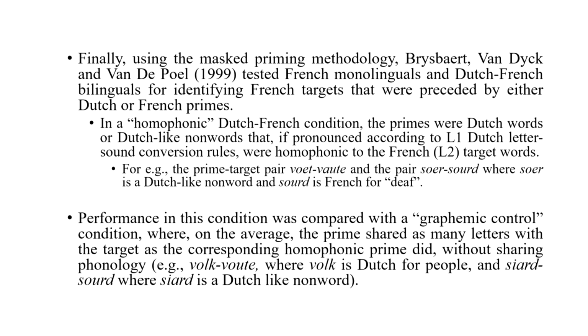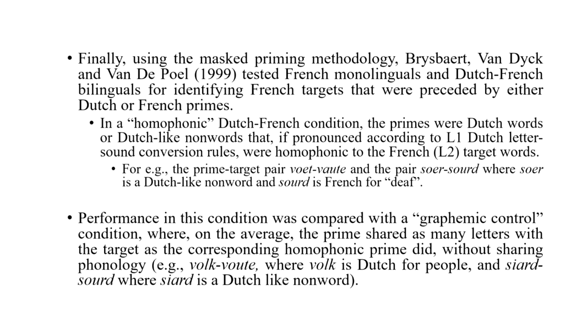Say for example, let us look at the examples here. The prime target pairs foot and faut, where foot basically resembles the Dutch word foot, and faut resembles the French word faut, and the pair sir and sard, where sir is basically a Dutch like non-word, and sard is basically French for deaf.